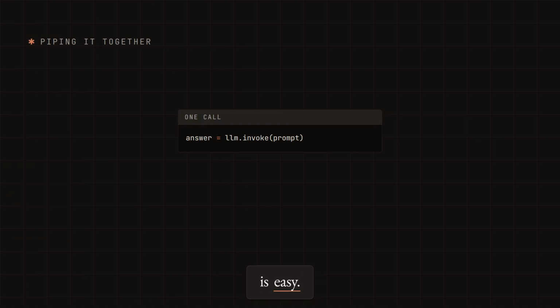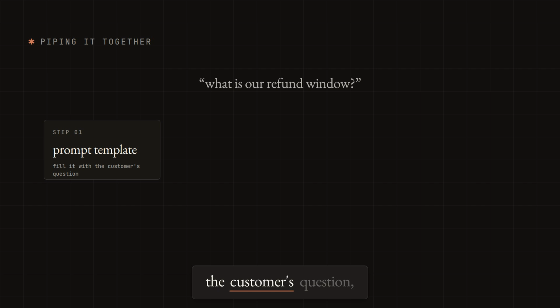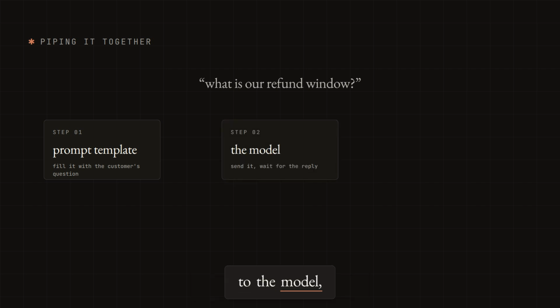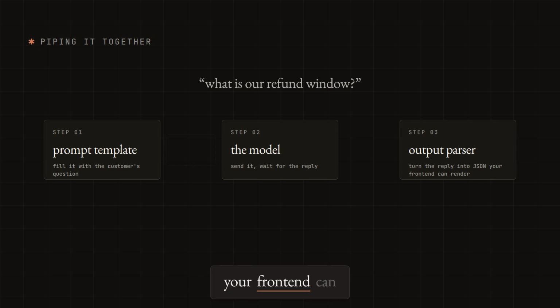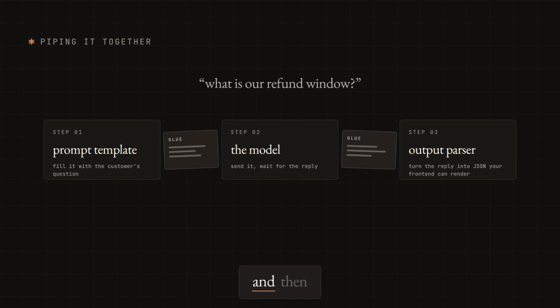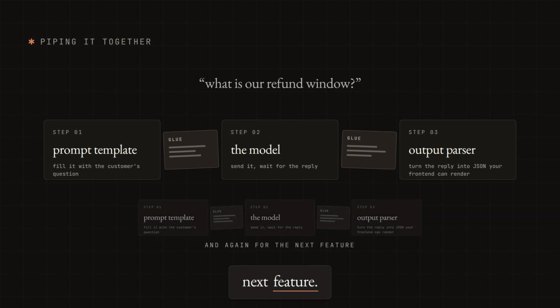One call is easy. Real features are never one call. For our support assistant, a single answer means filling a template with the customer's question, sending that to the model, and turning the reply into JSON your front end can actually render. 3 steps. And if you write them by hand, you also write the glue between each pair, and then you write it again for the next feature.